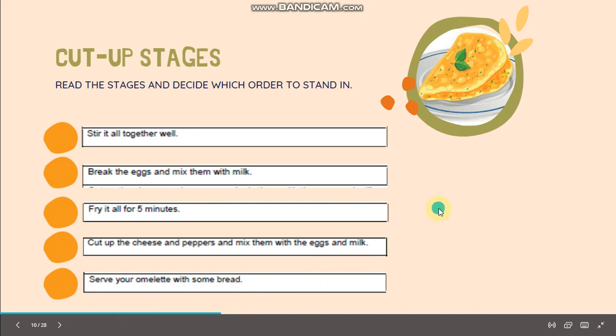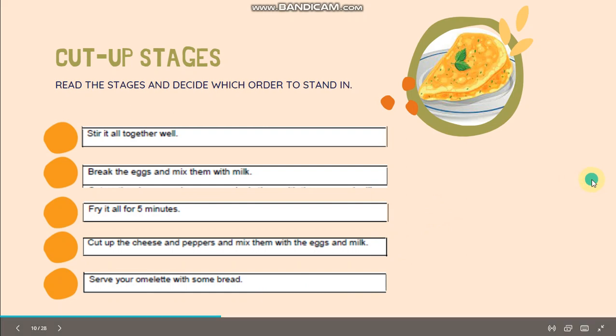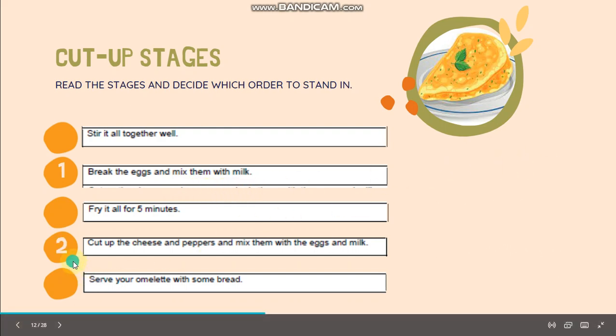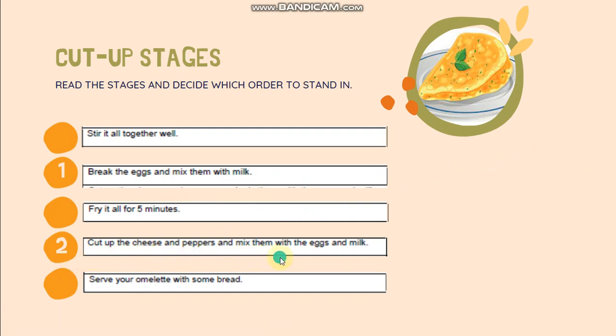Alright, so which do you think is the first one? Yes. First, break the eggs and mix them well with milk. Next, cut up the cheese and peppers and mix them with the eggs and milk. Then, what should we do?